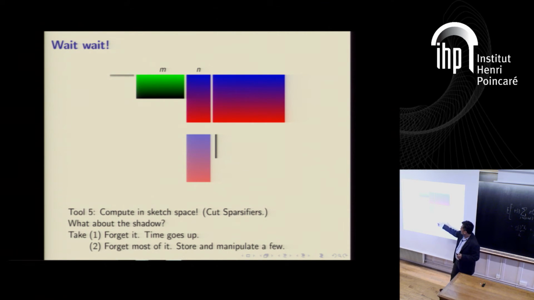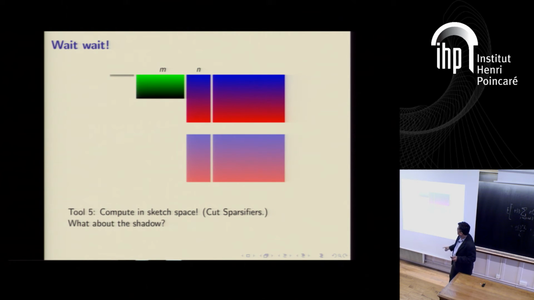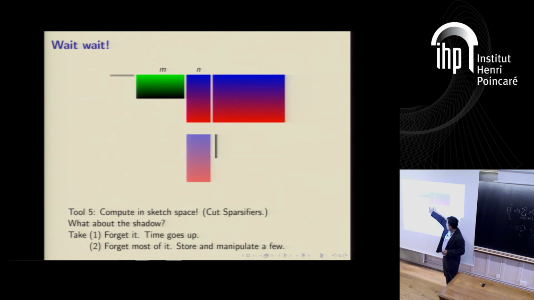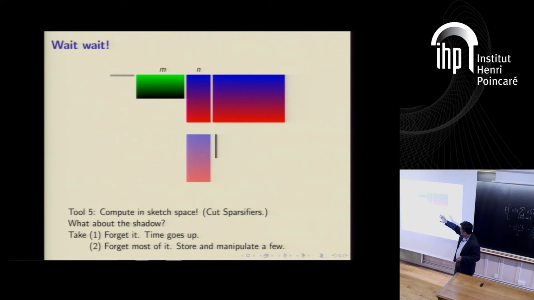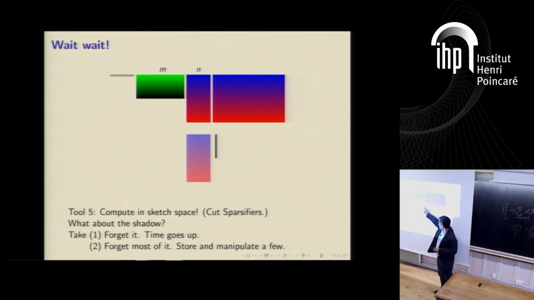Or you show that you do not need such a large shadow matrix. Storing some part of the matrix is sufficient, and then you need to remember only these n numbers corresponding to this dimension. For the maximum non-bipartite matching, the picture that gives you the algorithm is this. These are the shadow constraints on the vertices. They are sufficient to give you the shadow constraints on the odd sets.